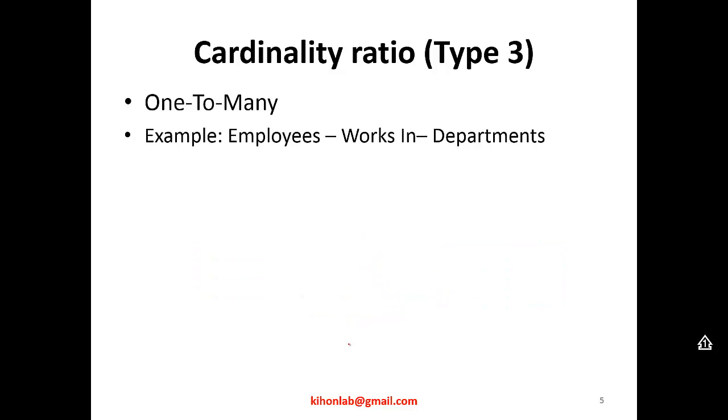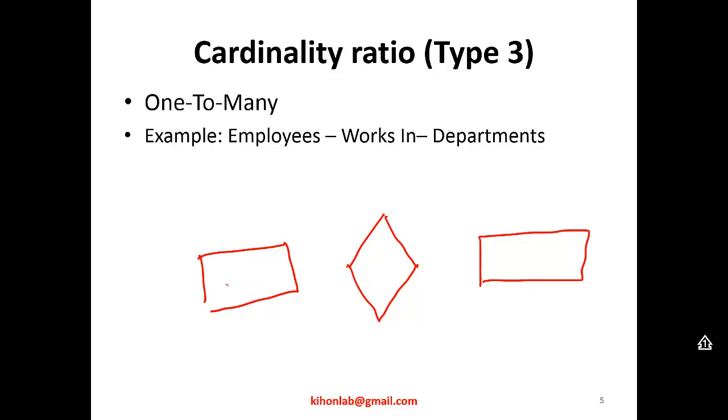One to many relationship, again the same example: employees works in department. So this is the entity, this is the relationship and this is the entity: employees, departments, works in.